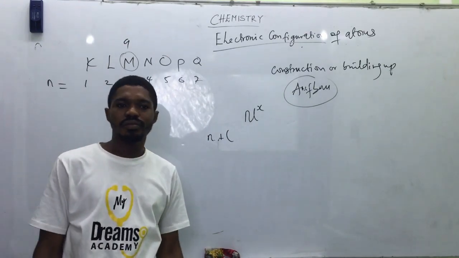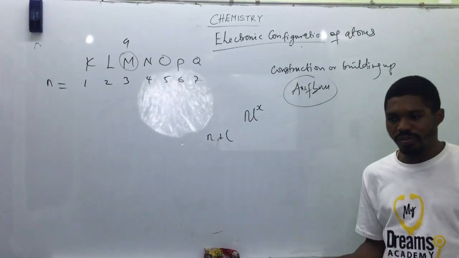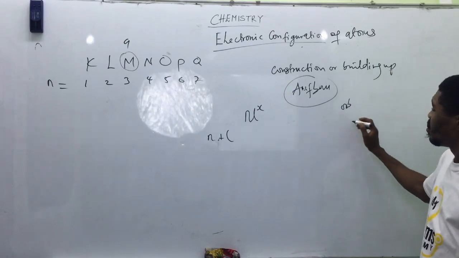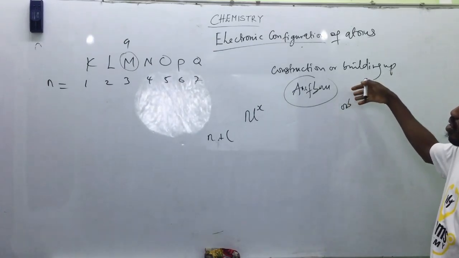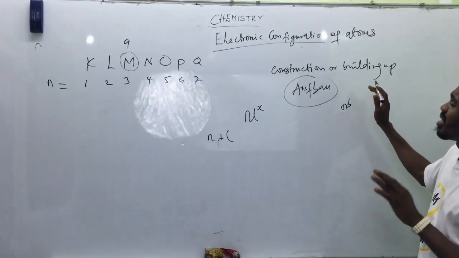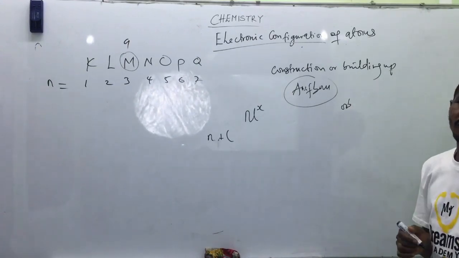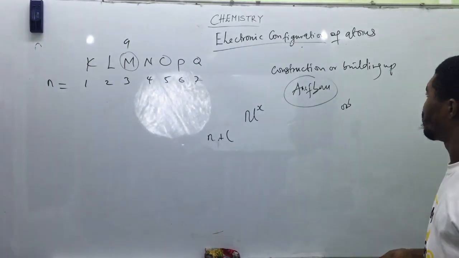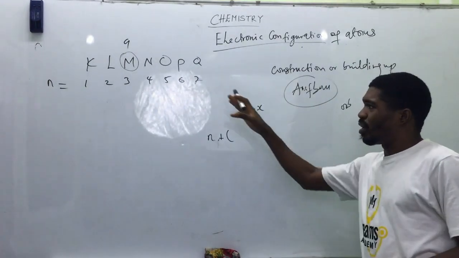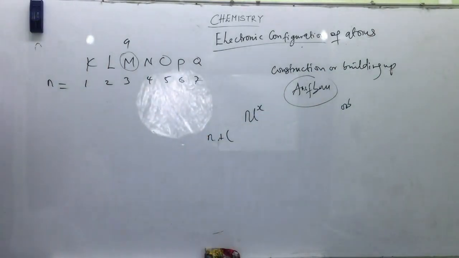Like I told you, you can decide to fill electrons into orbitals. You can write electronic configuration by filling electrons into orbitals, or into subshells, or even shells. But the most convenient and most acceptable is electrons filled into subshells, because that of orbitals is complex, and that of shells doesn't actually give the true representation of the atom in the periodic table.